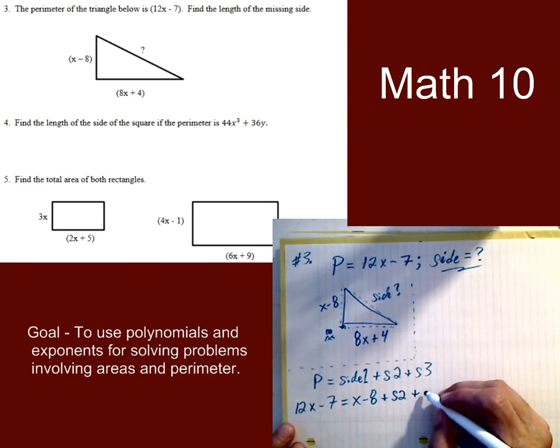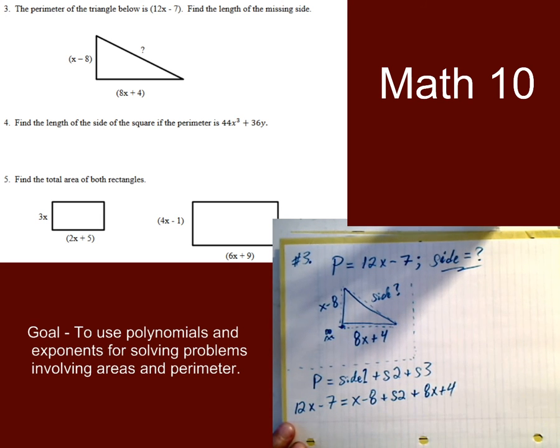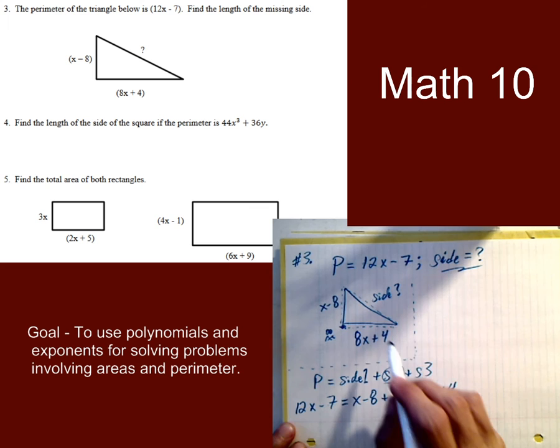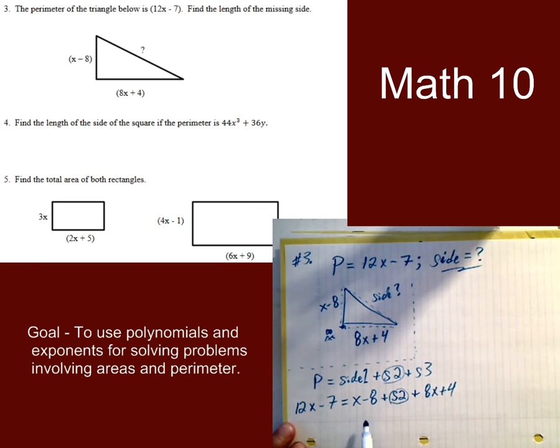That's our third side, 8x plus 4. So remember, this thing here represents our side 2 that we're looking for. x minus 8 is that first one. 8x plus 4 is that one there.